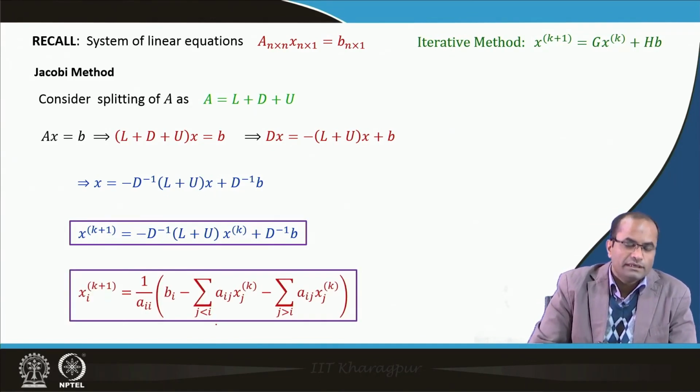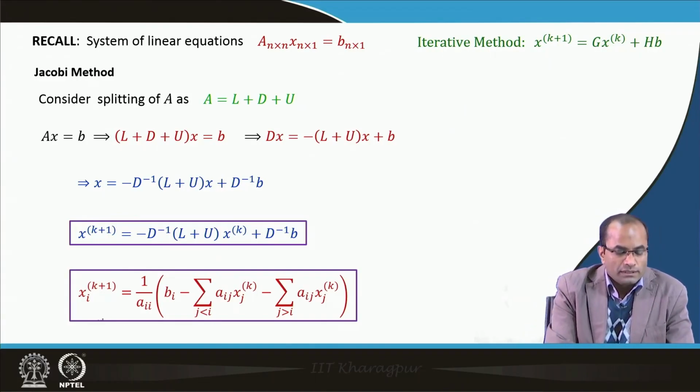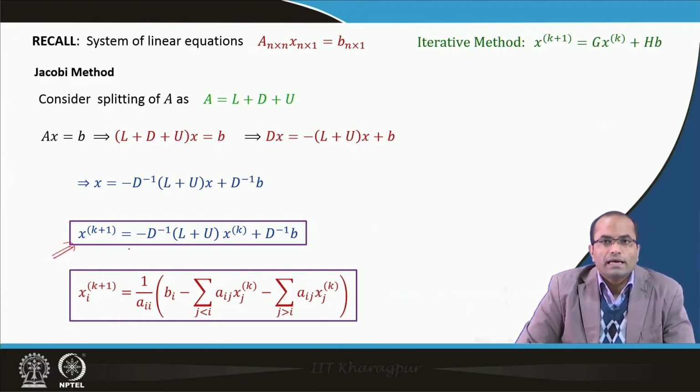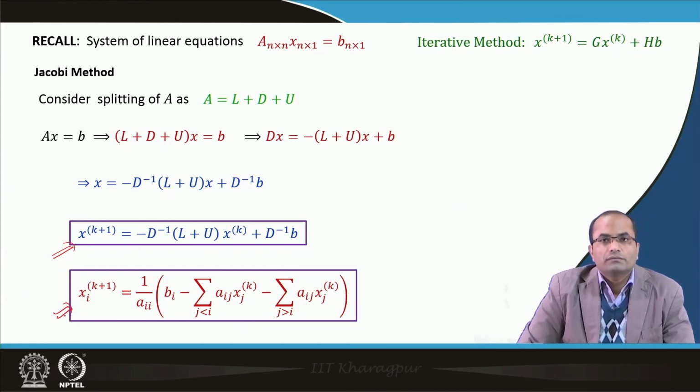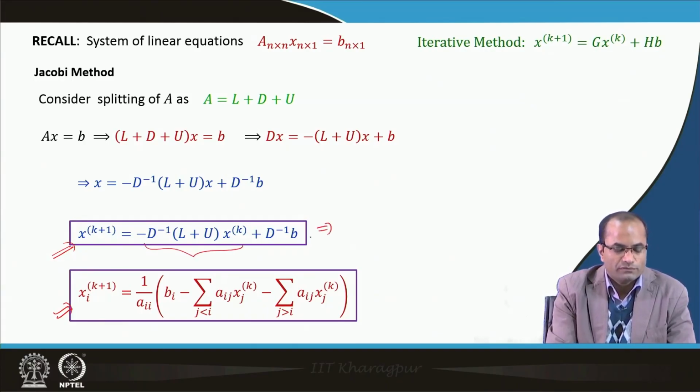Sometimes it is convenient, and we will also see in some numerical calculations, that writing the component form, instead of this vector matrix form, is much more convenient. This component form comes exactly from the vector form, because here we have x having components x 1, x 2, x 3 up to x n at this k plus 1th level.